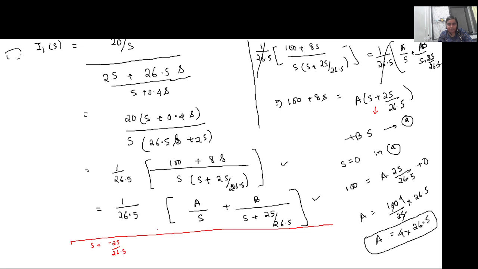So it will be 100 plus 8 into minus 25 by 26.5, and the term of a will go to 0, so a into 0 will be 0 plus b into minus 25 by 26.5.